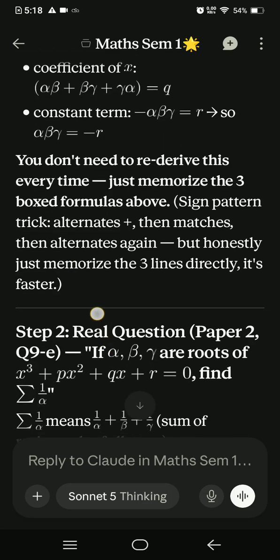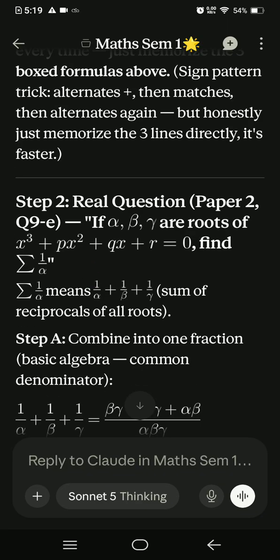Okay, real question: if alpha, beta, gamma are roots of this equation, then find summation of 1 upon alpha. So summation of 1 upon alpha means 1 upon alpha plus 1 upon beta plus 1 upon gamma. Sum of reciprocal of all roots.